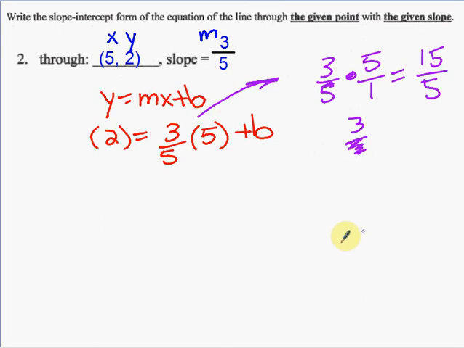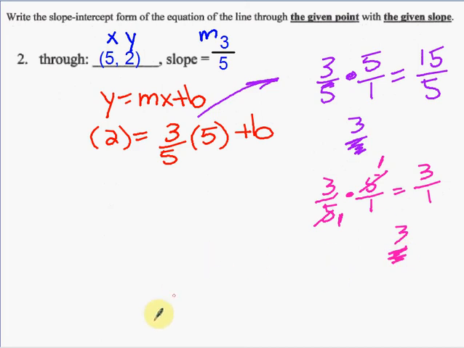But what I'd rather do is cross cancel before I multiply to make this a little bit easier on myself. So I can cross out those 5s and make them 1s. And so when I multiply straight across, I get 3 over 1, which is 3.